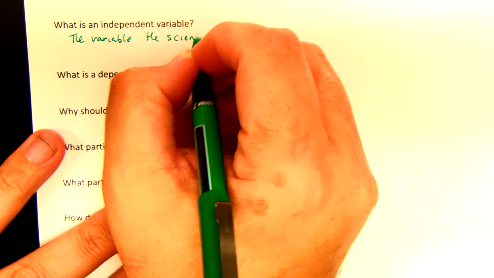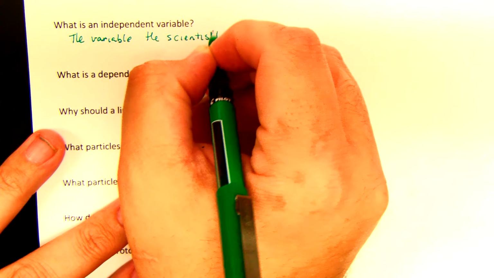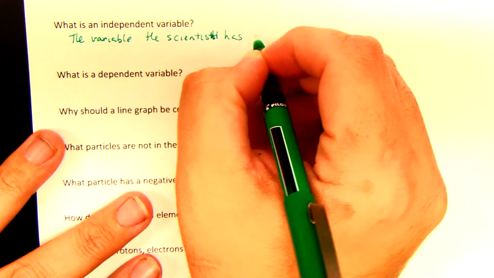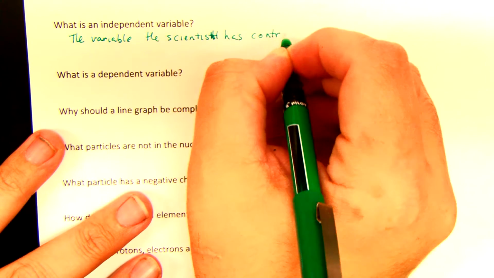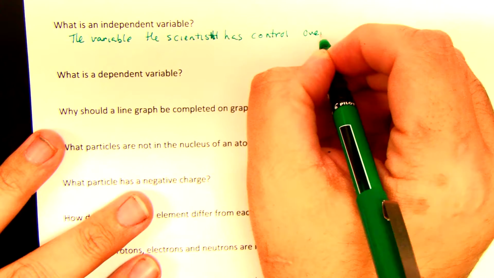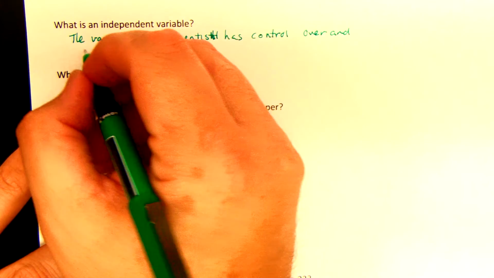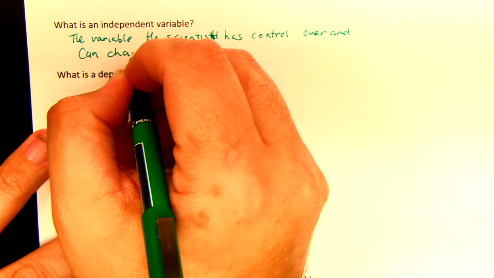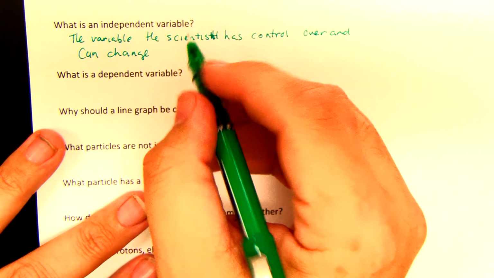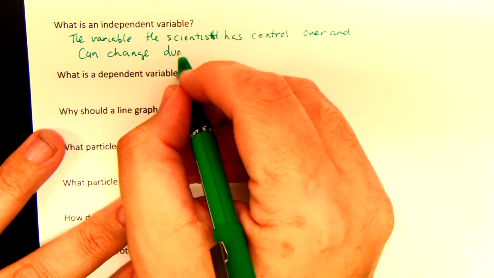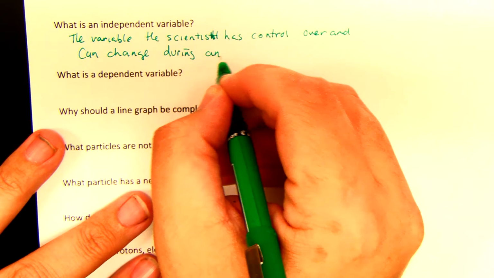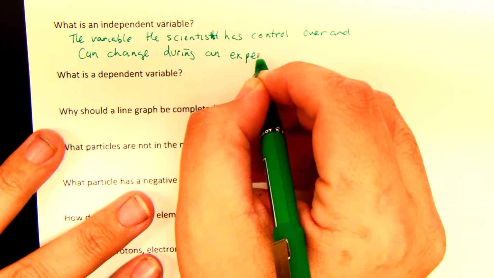Now, the independent variable is the variable the scientist has control over and can change during an experiment.